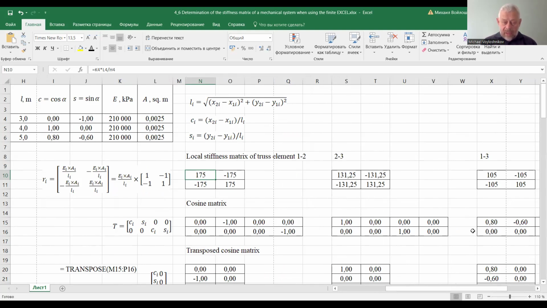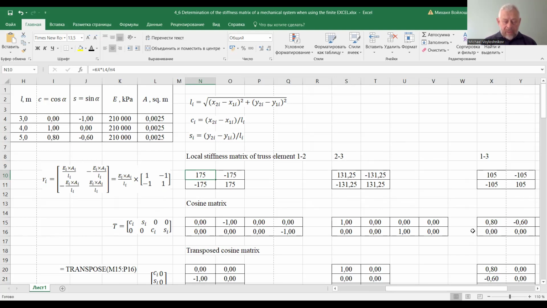Local coordinate systems are systems each one coinciding with a definite finite element. For the rod type elements, any type of rods, like in rod mechanical systems, like in frames and trusses, for each finite element we first assign the numbers of the beginning and the end of the finite element, and in the local coordinate system the point of reference coincides with the beginning of the finite element, and the end of the finite element is the second point.